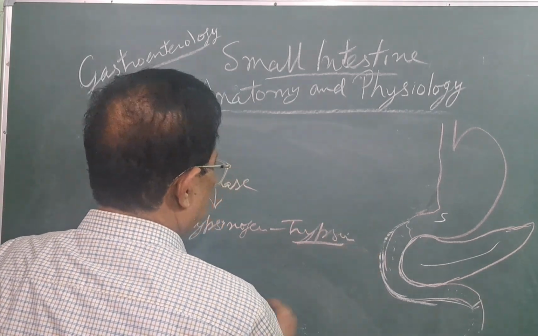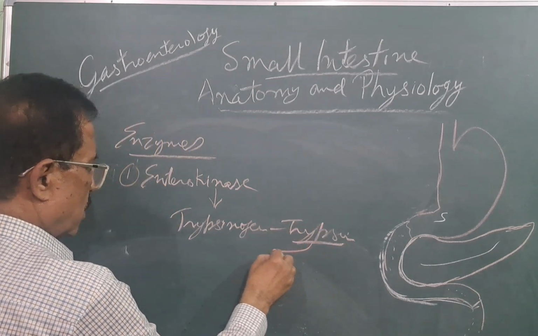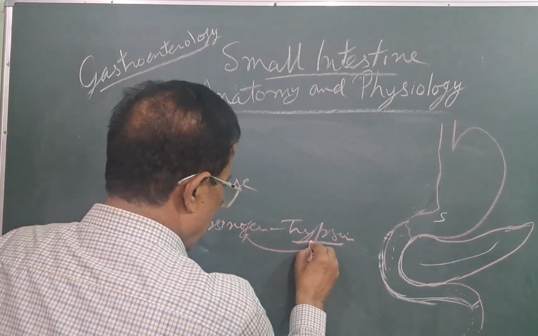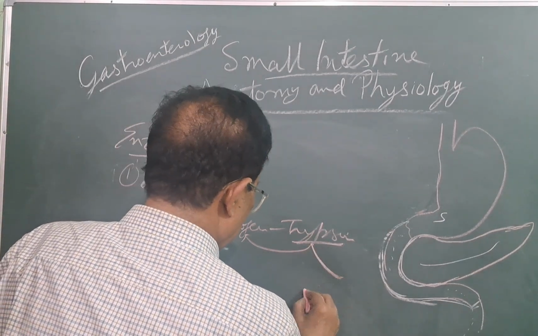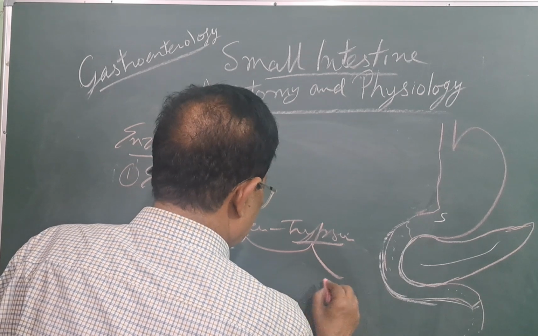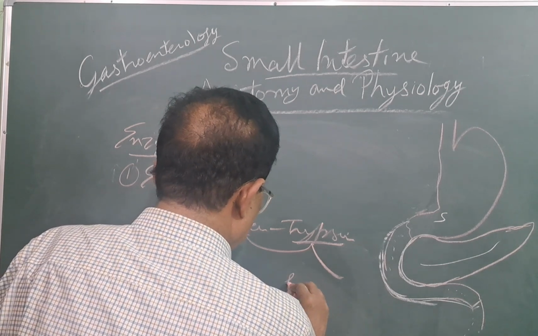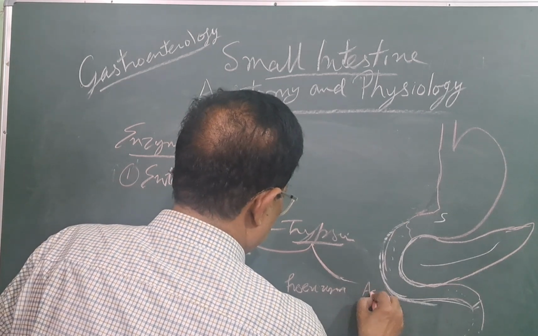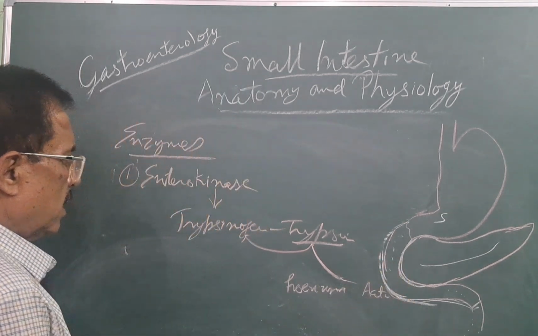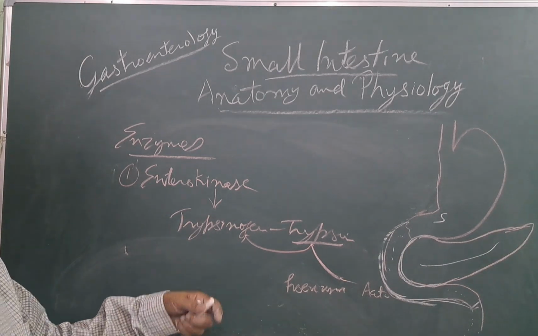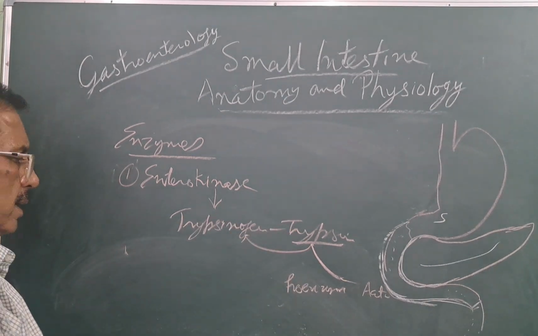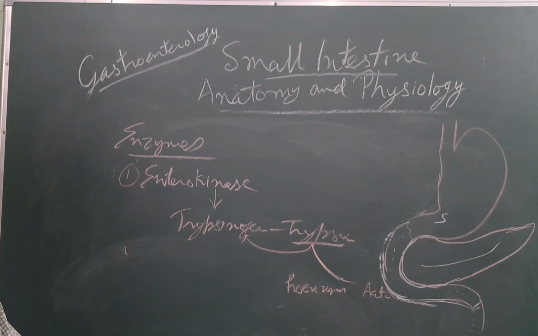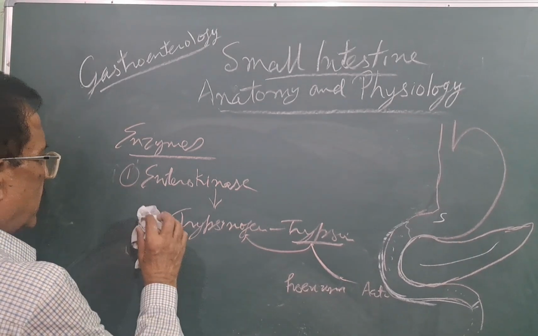The active trypsin auto-catalyzes the conversion of trypsinogen into trypsin, and it also acts on other pancreatic proenzymes, converting them into their active forms.